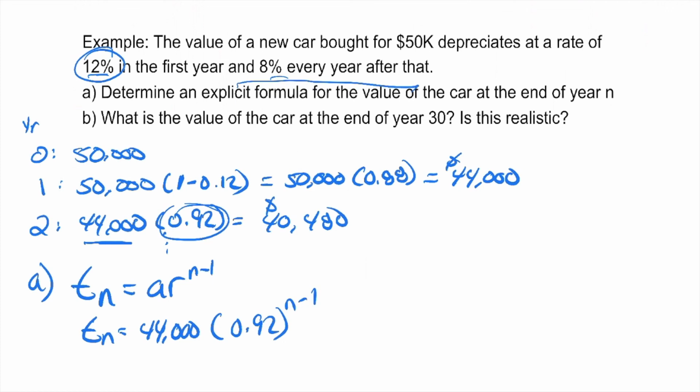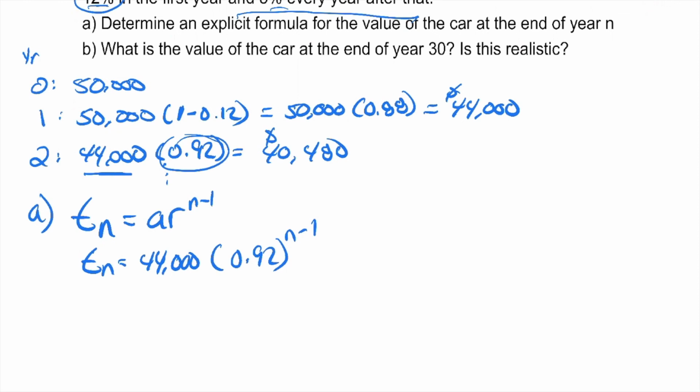Let's confirm this. When n is 1, how much is this car worth? Well, n minus 1 is 0, so the car is worth 44,000. So the formula looks correct. For part B, how much is this car worth after 30 years? We're looking at T of 30. That's going to be 44,000 times 0.92 to the power of 30 minus 1, which is 29.